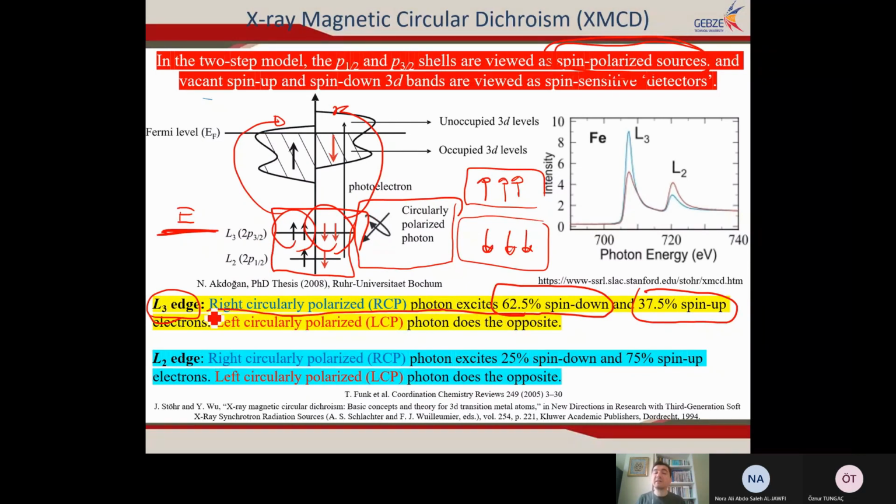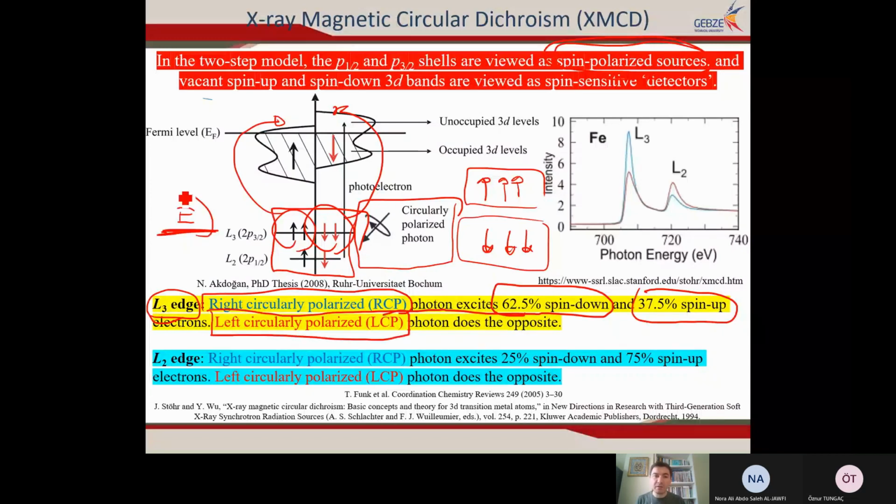We have discussed the polarization during the last lecture. What is the right circularly polarized light? What is the left circularly polarized light? You can check the lecture notes which we have discussed during the last lecture. And if you send left circularly polarized light to the same level with the same energy, then this photon does the opposite.